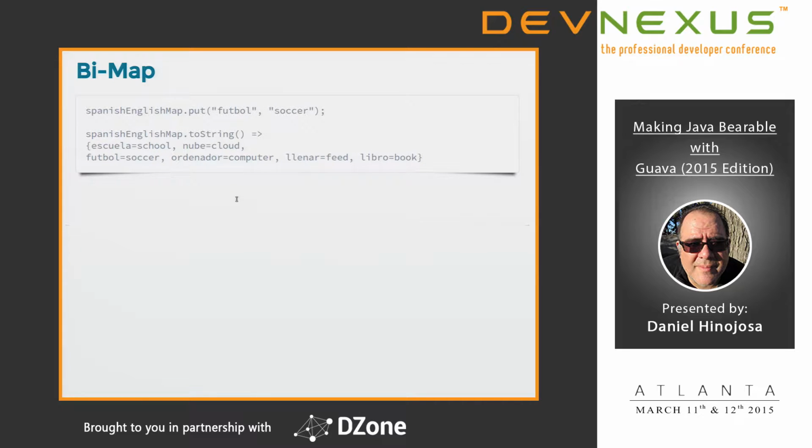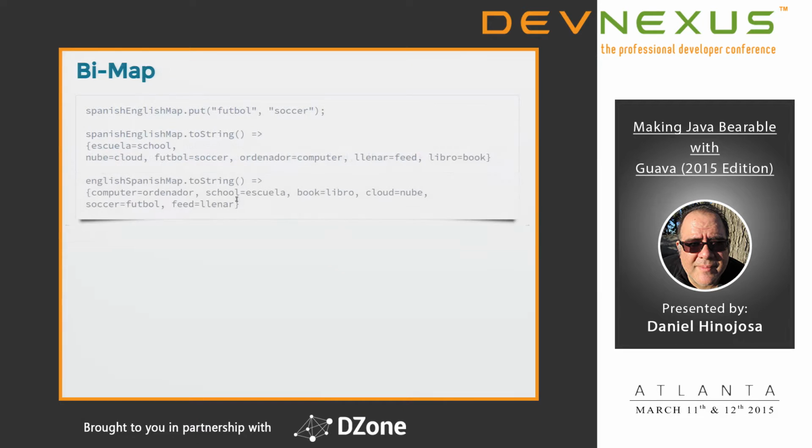If I have football and soccer, and I put that on the Spanish side, the Spanish-English side, obviously you'll see football is equal to soccer. But without calling inverse again, remember all I have to do is just keep these references. Without having to call inverse again, and I call English-Spanish map toString, there's an entry right here that's surprising, all right? So soccer, football appears on the other side, okay?